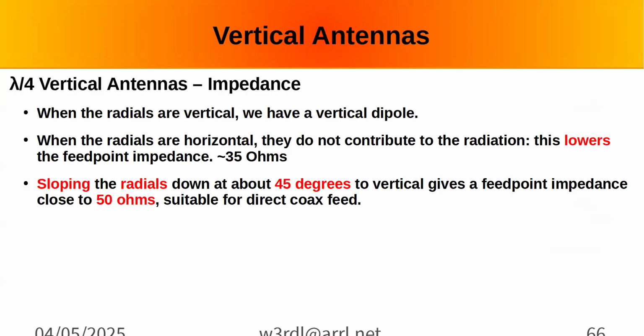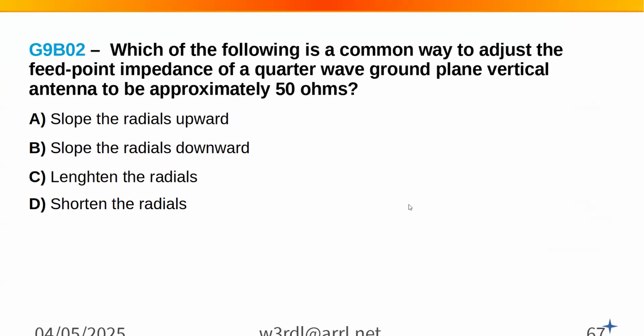It's up at 25 feet and it's got little 2 or 3 foot radials. If you change the angle of those, you can affect the feed point impedance, just like changing the angle of your dipole elements. An inverted V is essentially that.